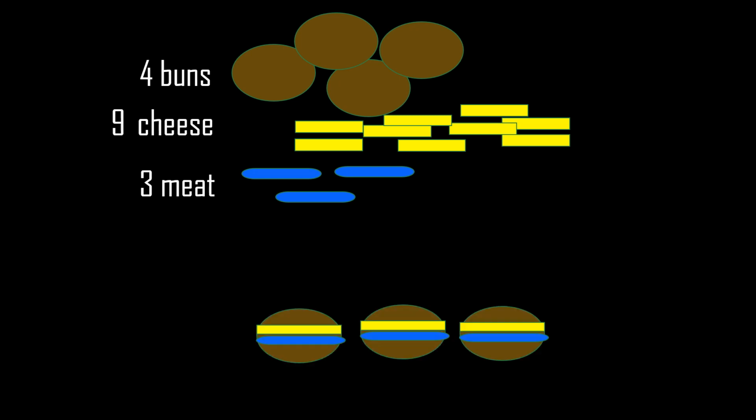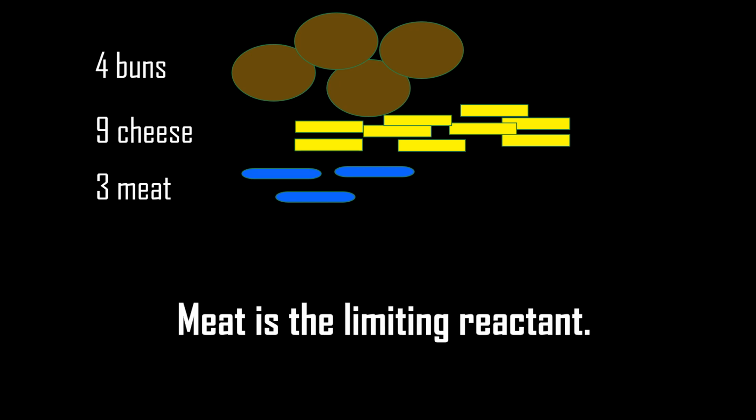In this case, we can just create 3 cheeseburgers, even though there are still ingredients that can be used, such as the bun and the cheese. This is because the quantity of meat is not enough to match the amount of available bun and cheese. That's why the meat is the limiting reactant.